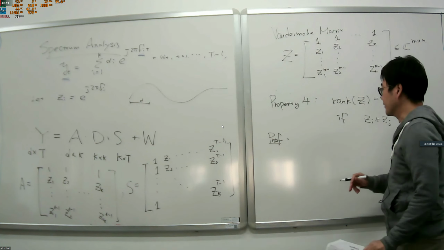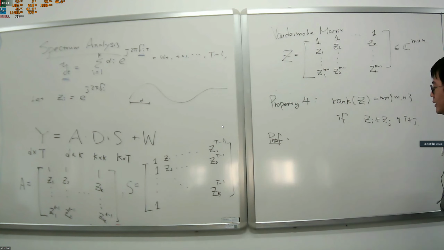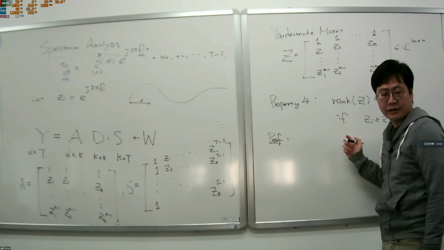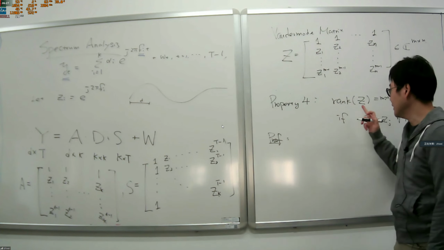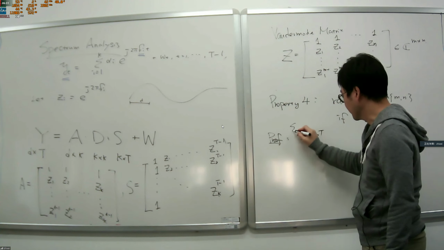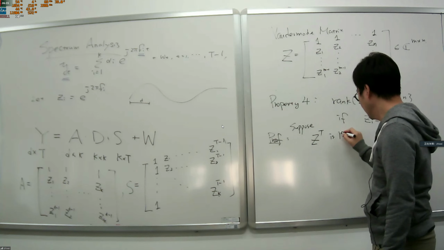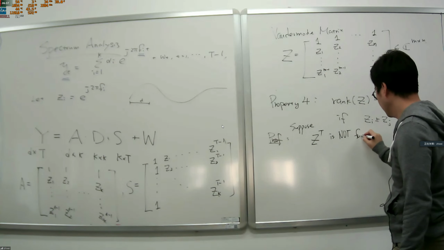So why is this matrix full rank? Let's prove this. As always, we can use contradiction. Suppose not. If Z is not full rank, then Z transpose is also not full rank.